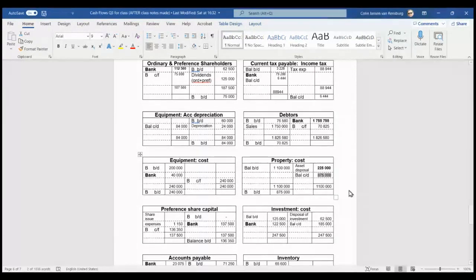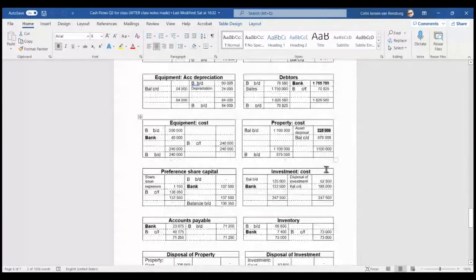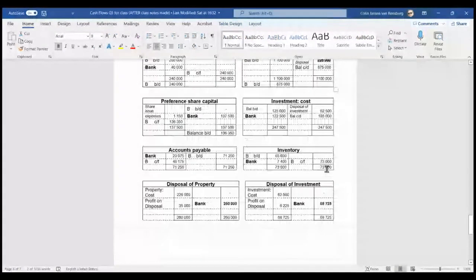There we go, right? And then, ladies and gentlemen, all we need to do is balance this account off, and we see that our balancing figure was 225,000 rands, right? And we've already determined that that is the cost of the property that we have sold. So that would have been taken to an asset disposal account. I think we actually have it here.